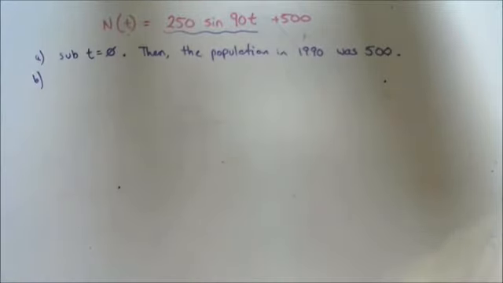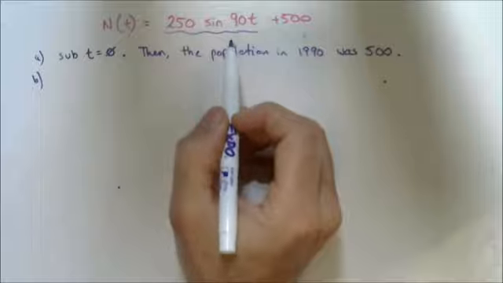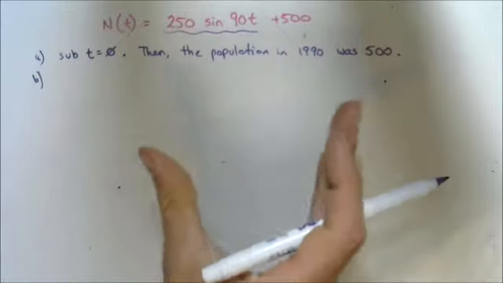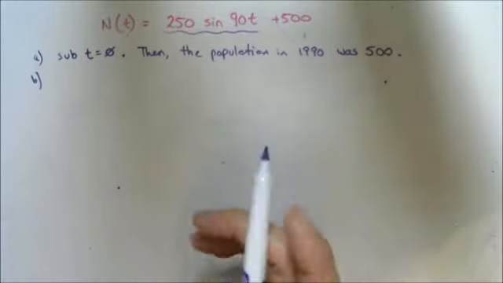B, when did the population reach its maximum? So for this one, you could just go to Desmos. You could punch in this formula, and you could find the maximum, okay? You could do it algebraically too, okay? We could apply our k value, our compression, and we would get this as well.